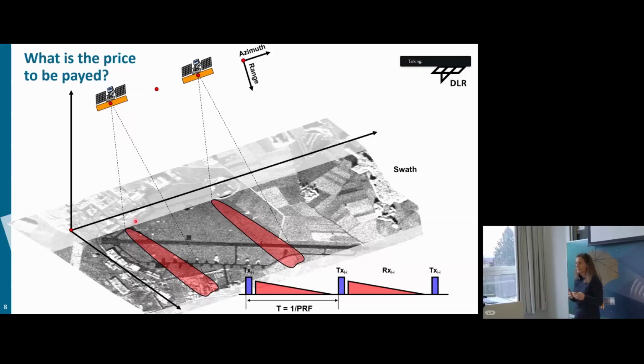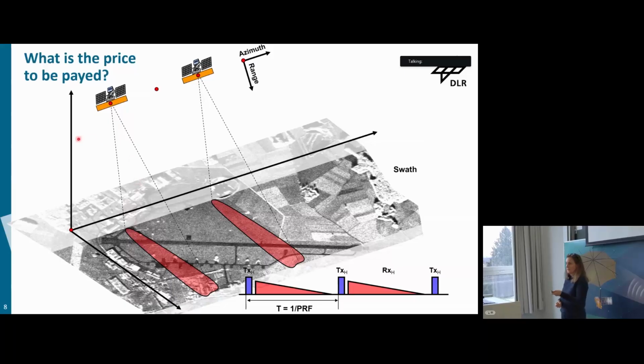That's a little bit, at the moment, still a problem, because this has something to do with the transmit and receive part. So what is happening, normally you have a satellite and you acquire data over certain swaths, right? A certain area that you see here. And how does it work? You have a transmit signal, so you transmit from the satellite, and then you leave open, in principle, your system to receive all the pixels in range, right?